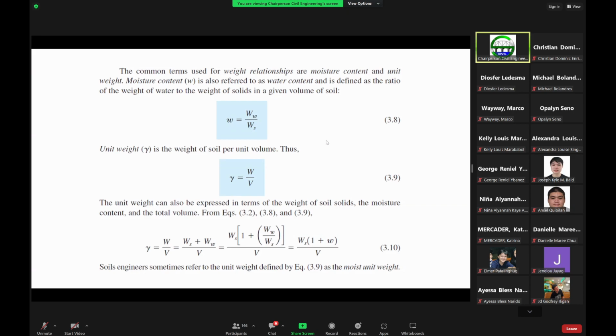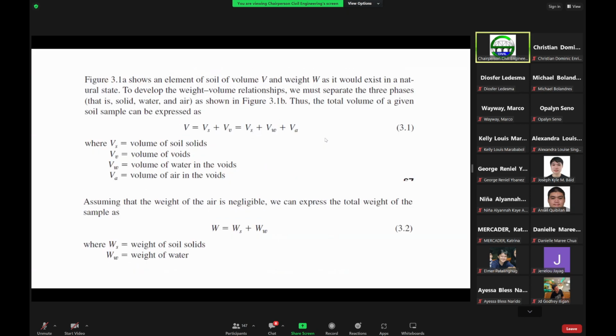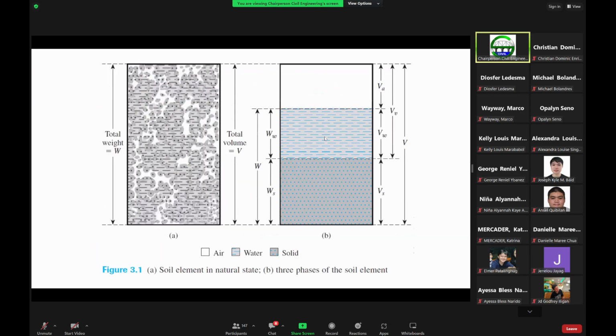So that means if we go back to the figure, the water content is the ratio between the weight of water over the weight of the solids. Okay, that's the water content, or the moisture content.